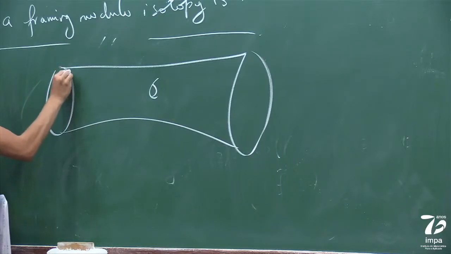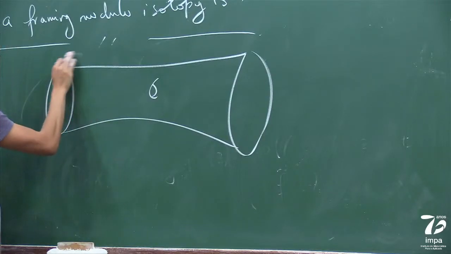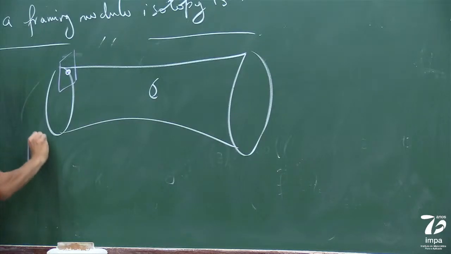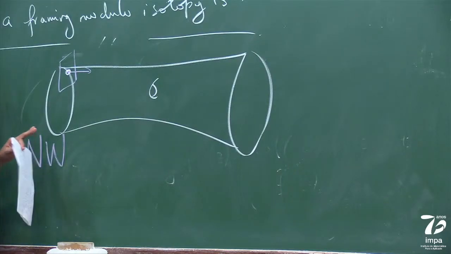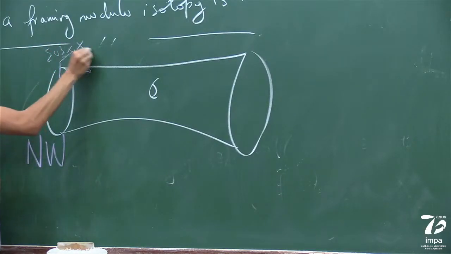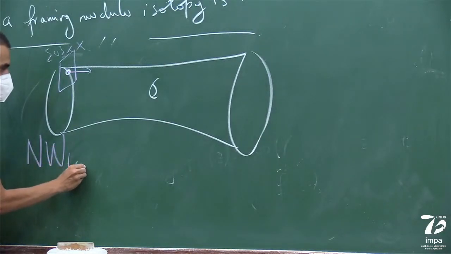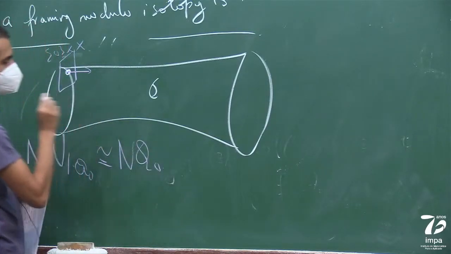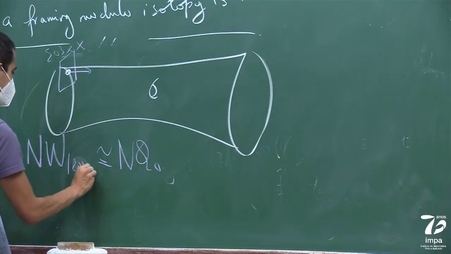And if I'm on the fiber 0, when I look at the normal bundle of W, the extra direction that I get from W is transverse to 0 times X. So that means that there is a canonical identification between the normal bundle of W restricted to 0 times Q0 with the normal bundle of Q0.